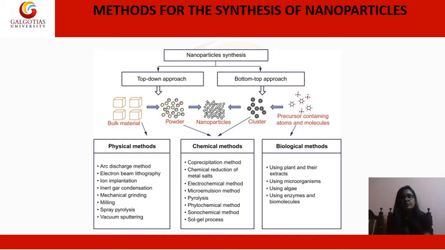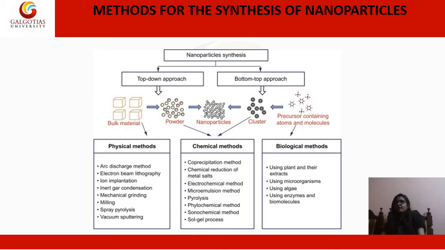Then biological approaches, basically we are using plants and their extracts for the synthesis of nanoparticles. So this particular approach is green synthesis, or the green pathway for the formation of nanoparticles.